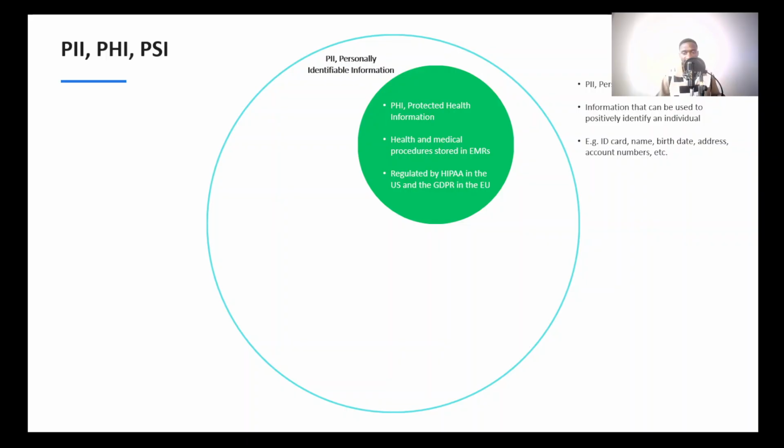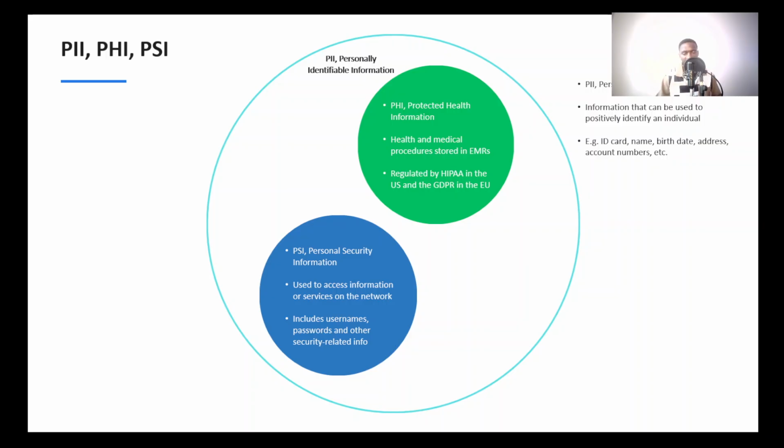because it's quite sensitive. After PHI, we have PSI, Personal Security Information, which is information that is used to access information or services on the network or on the internet. So these are things like your usernames on different social media, things like your passwords, maybe even the devices that you use for two-factor authentication, your phone number for SMS validation.